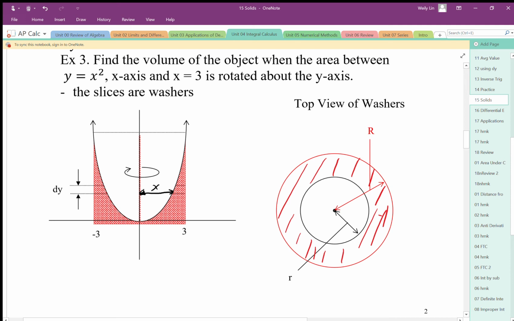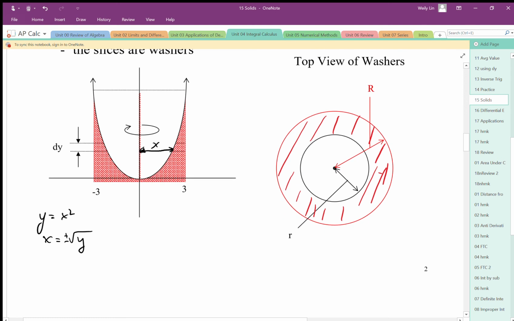What we can do then is, if I want to find out x, and I want to integrate along dy, I need to convert this y equals x squared equation into an x equals root y equation. So when I do that, this x now is going to be the same as root y, and I'm going to use this root y expression with a dy to be able to integrate it.